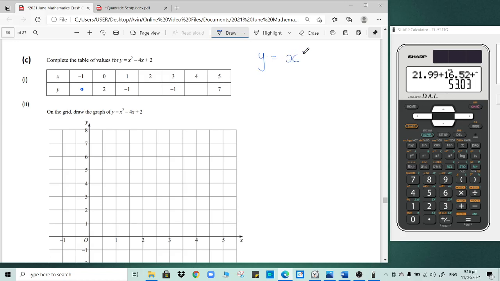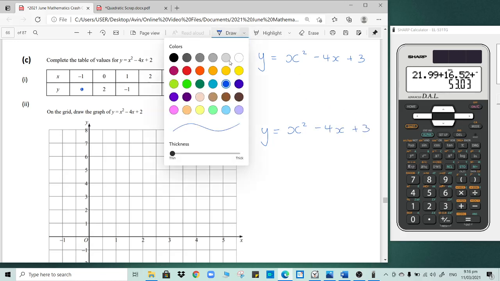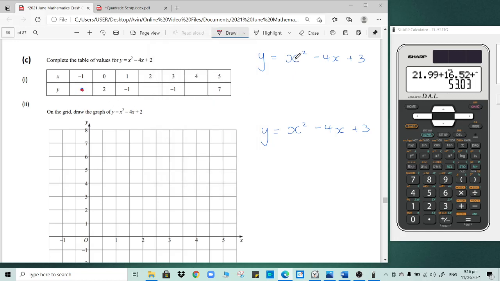Y is equal to x squared minus 4x plus 3. You'll see why I'm writing it twice just now. To figure out this value of y here, we just have to replace all the x's here with minus 1.